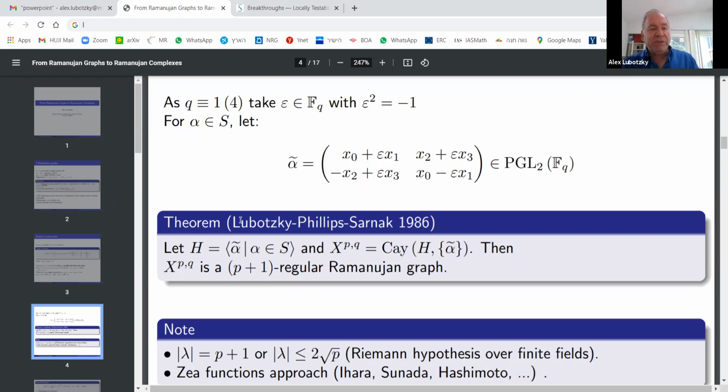So this is a very explicit construction of graphs which are Ramanujan.